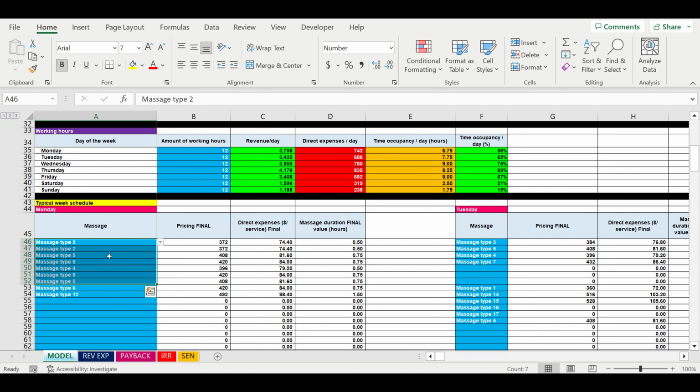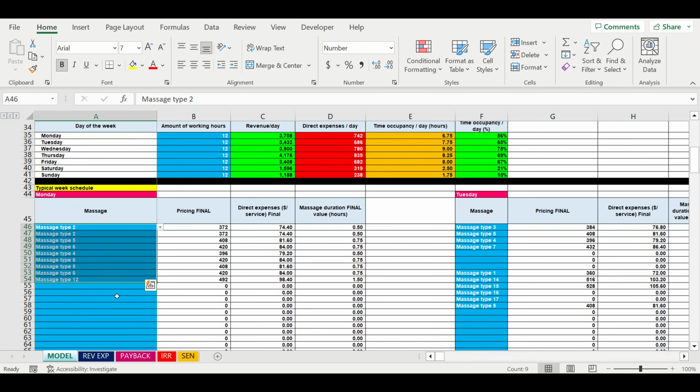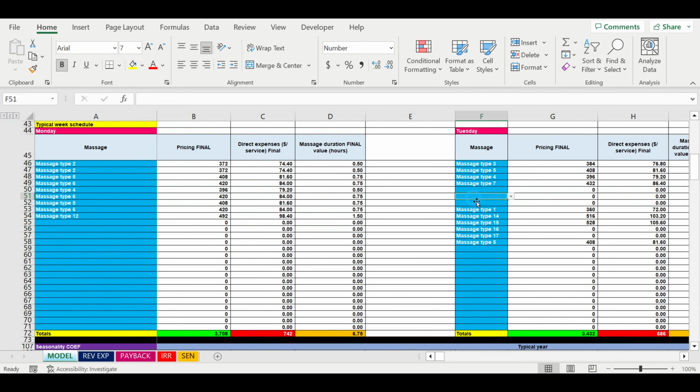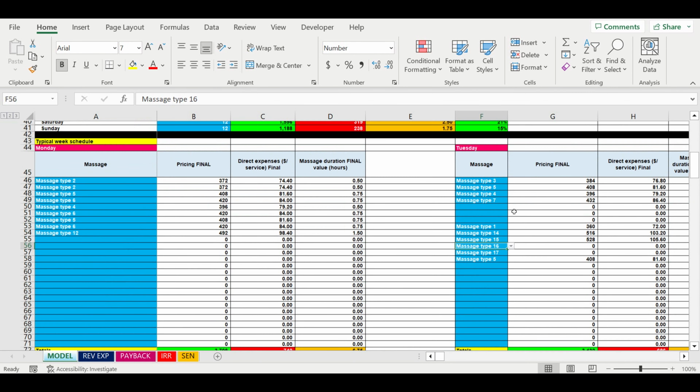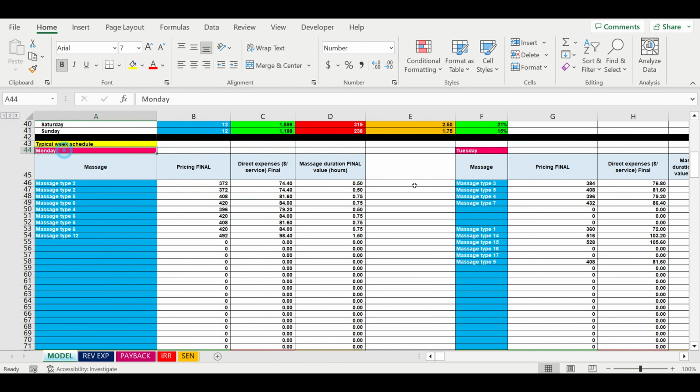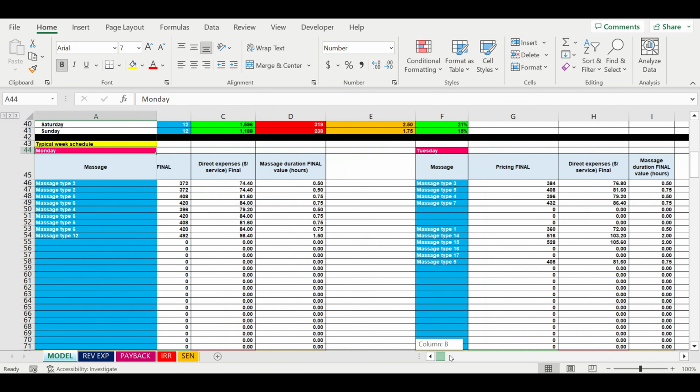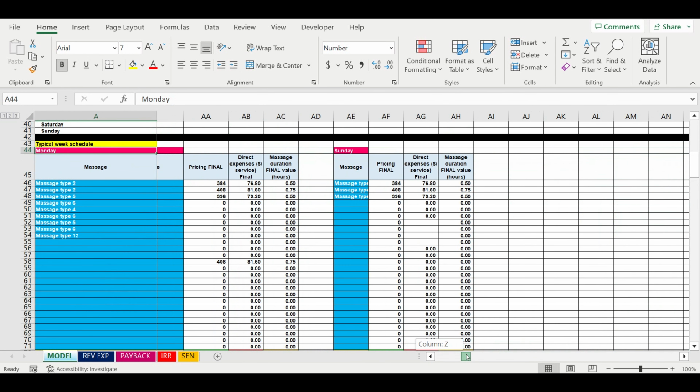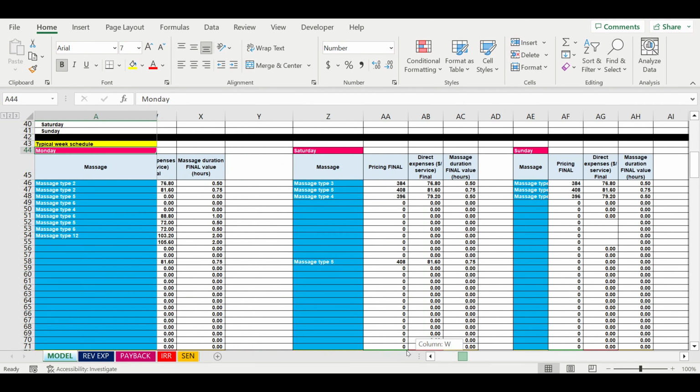That's why we are creating the revenue algorithm like this for massage salons. So we are adding service by service, creating the portrait of services for Monday, Tuesday, Thursday, Sunday, and so on. So this is the way we are doing it.